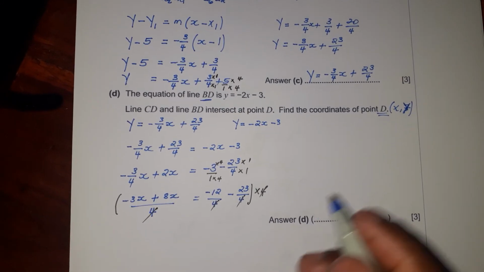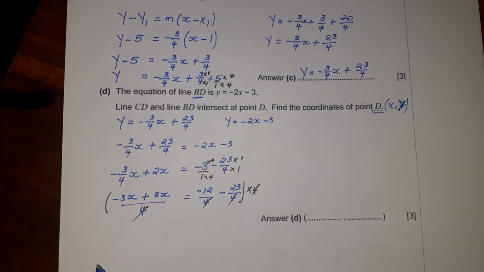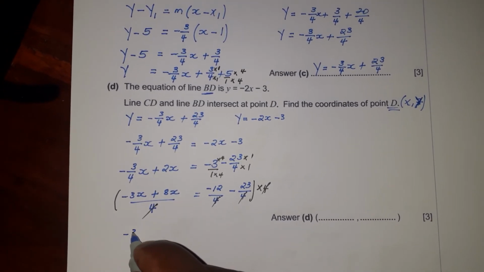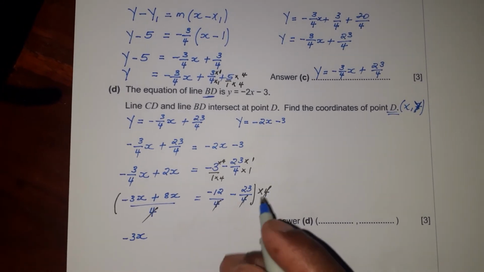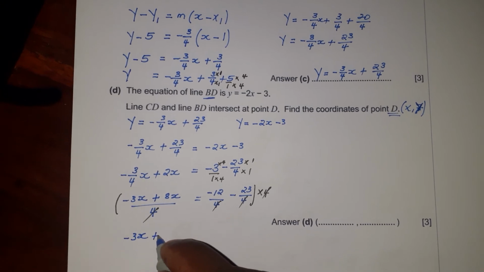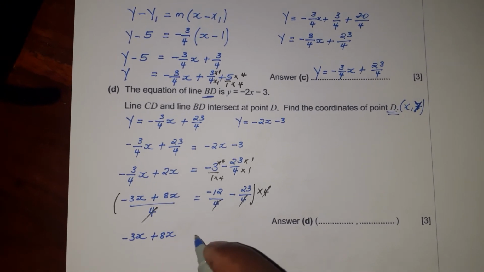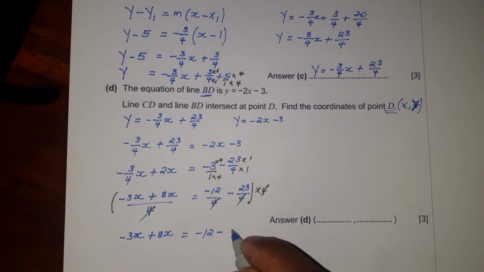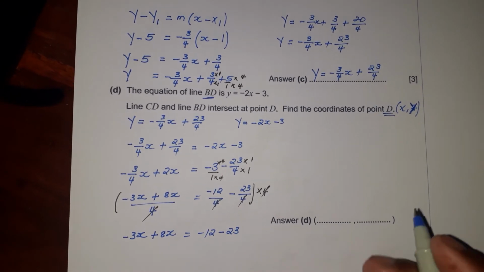Therefore we are going to be left with negative 3x plus 8x equals negative 12 minus 23.